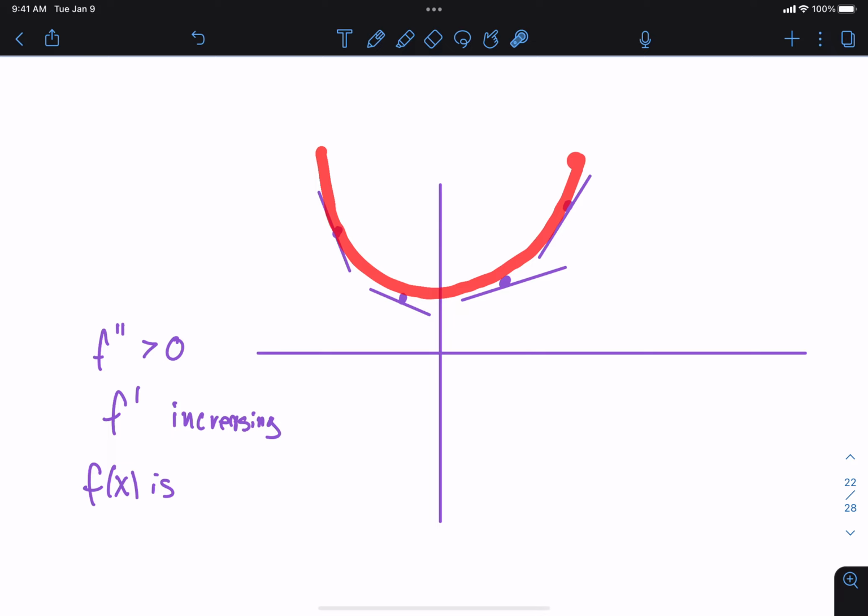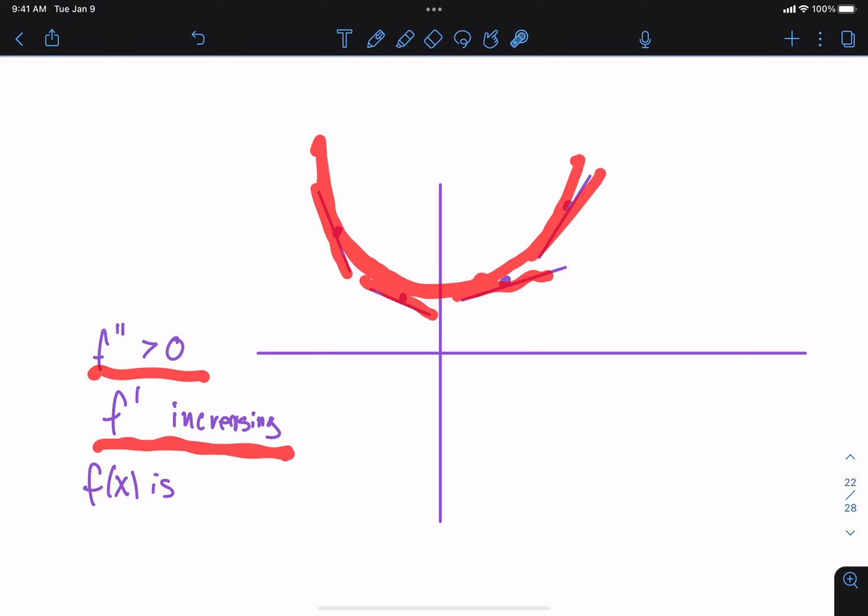Okay, so the second derivative being positive tracks with the first derivative being increasing, which means we see these tangent lines which are becoming more positive as we move from left to right, which is exactly to say that the whole function is bending in this leftwards, or upwards, kind of way.